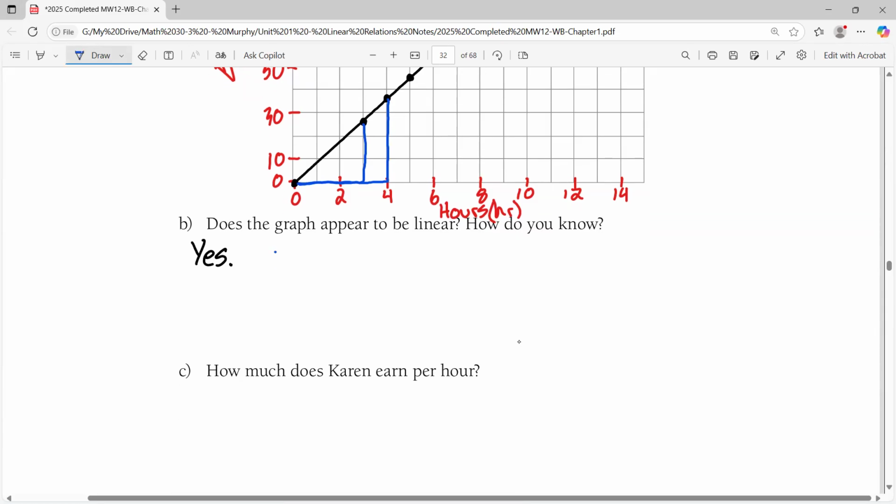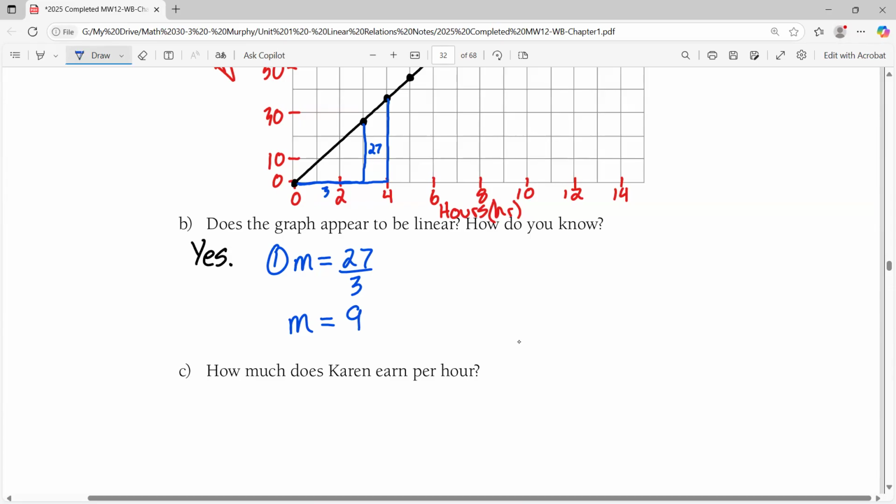So number 1, m equals, for the first one, 27 is the rise, $27 over 3 hours. So our slope is 9.